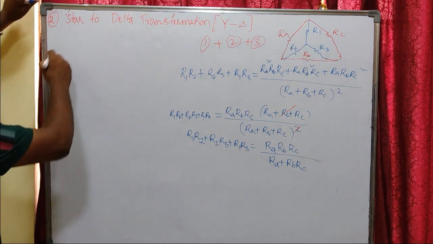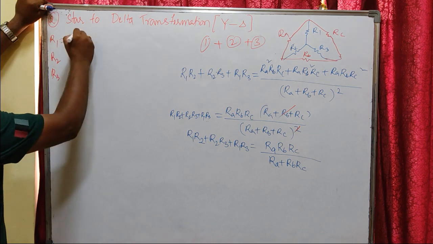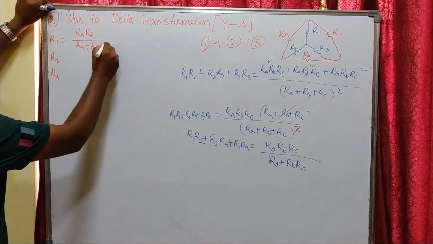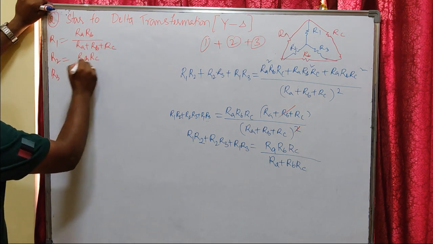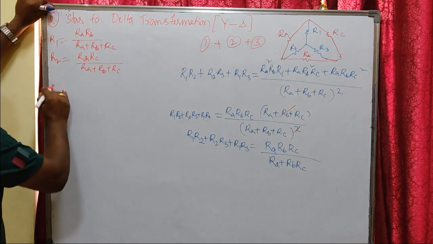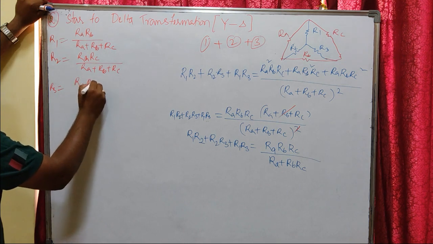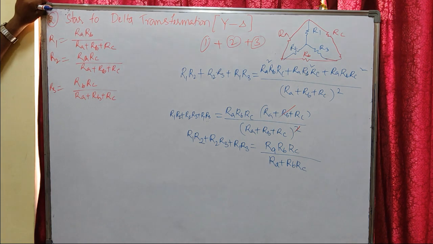So in place of R1 R2 R3, what is R1 here? That is RA RB by RA plus RB plus RC, obtained from earlier expressions. R2 equal to RA RC by RA plus RB plus RC. I hope you are following me. R3 equal to RB RC by RA plus RB plus RC. This is what we have derived in the previous transformation of delta to star.